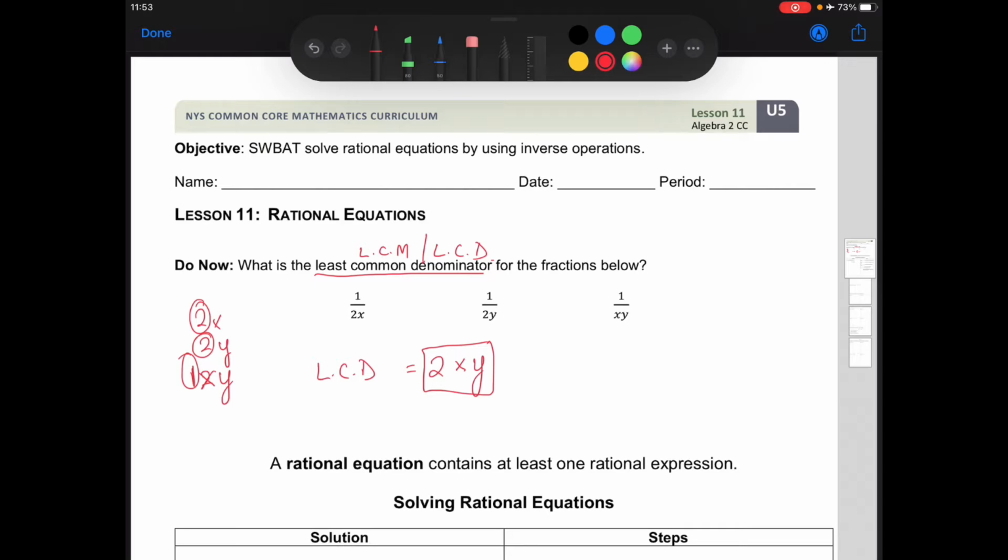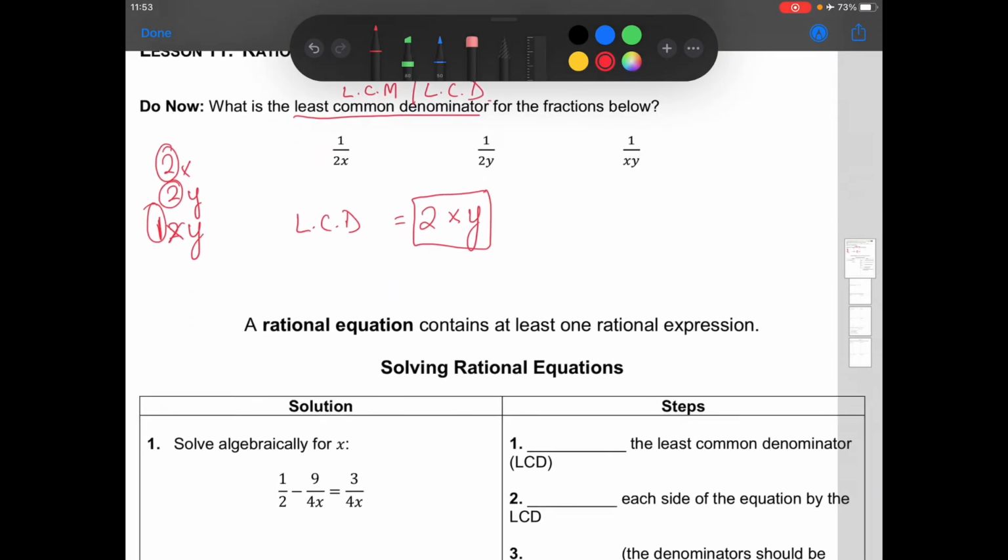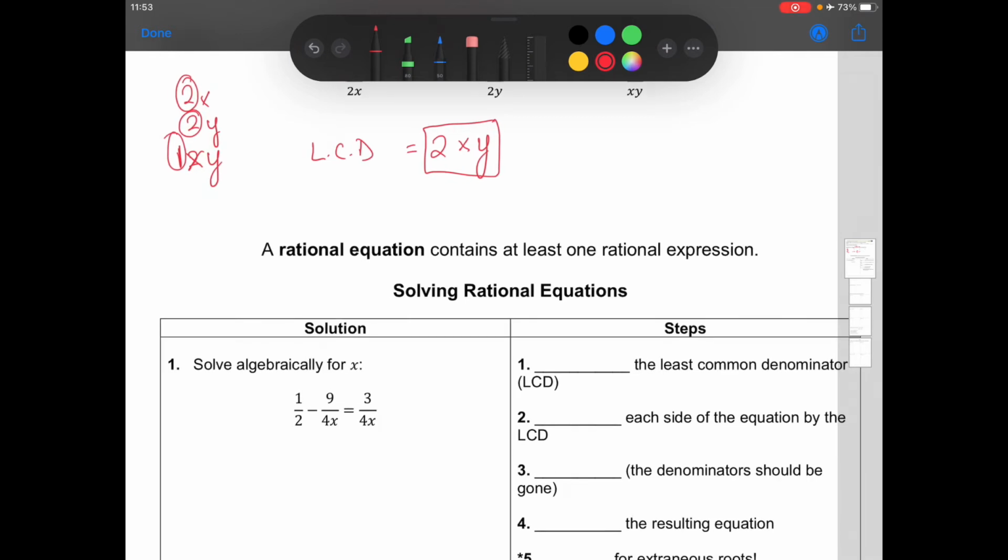Okay, so now a rational equation contains at least one rational expression. What are rational expressions? Anything that can be written as a fraction. So any number, all the integers, 2 over 1, it is a rational expression.